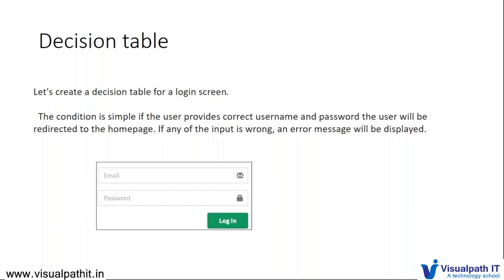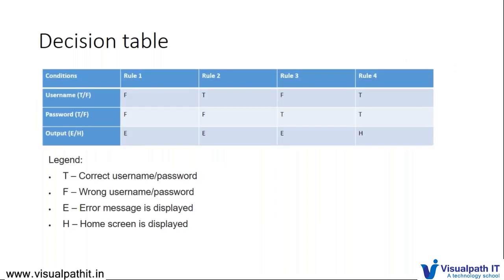If you give the correct username and correct password and click on the login button, it should go to the home screen. If you give a wrong password or wrong username or both wrong, it should display an error message. This is our simple test case. So email will be your username, password will be the password, and the login button. This is how a decision table will look.